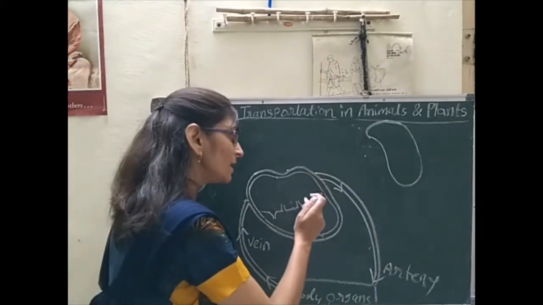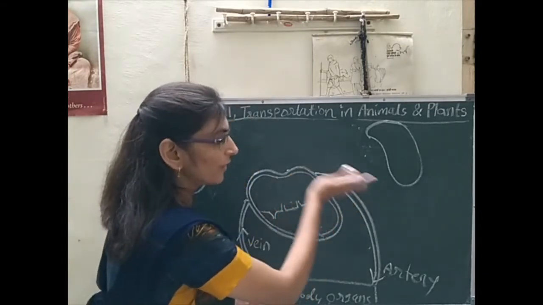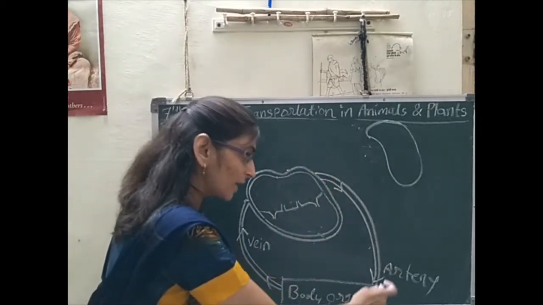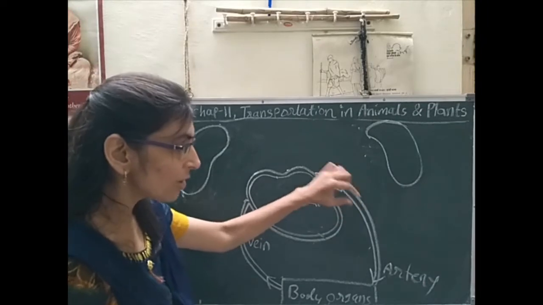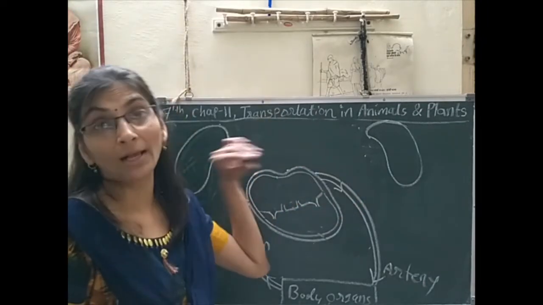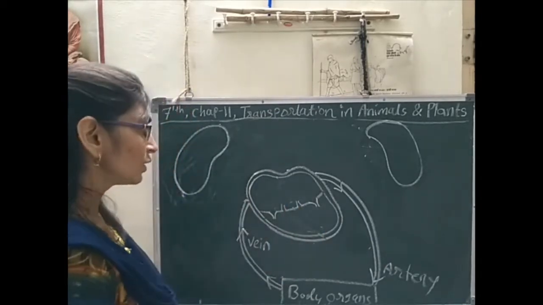Through the arteries, when the blood is pumped out of the heart, it flows very rapidly, very speedily with high pressure towards the body organs. That's why the walls of arteries are elastic and thick as compared to veins.